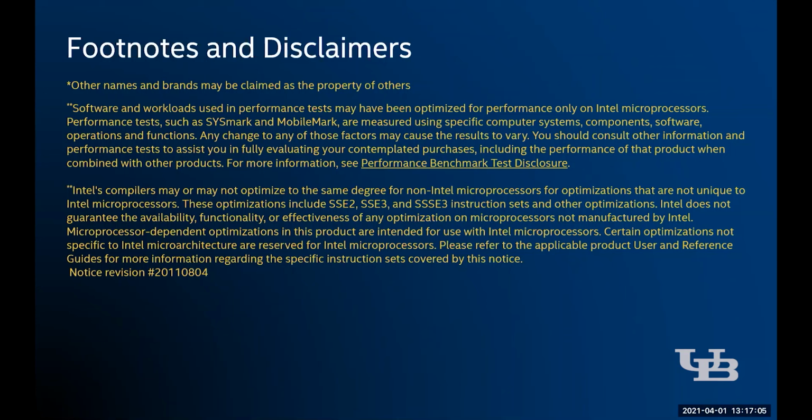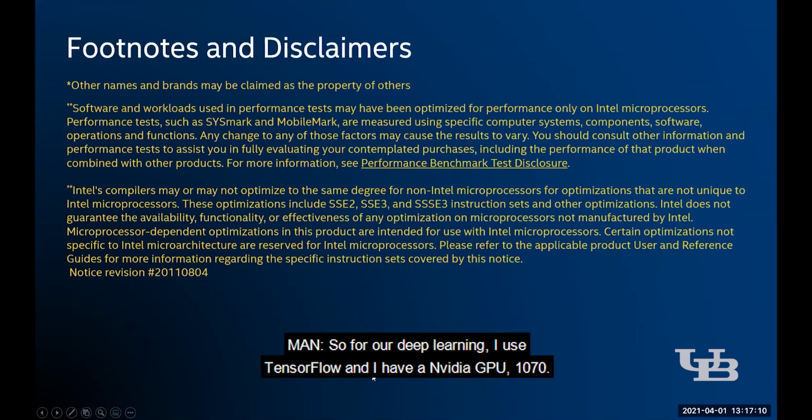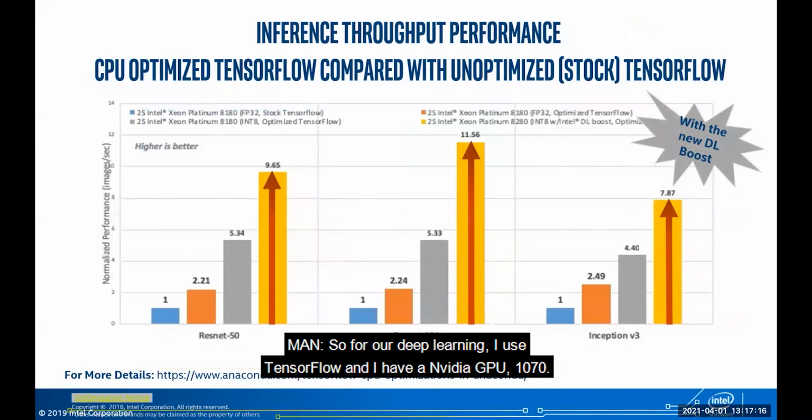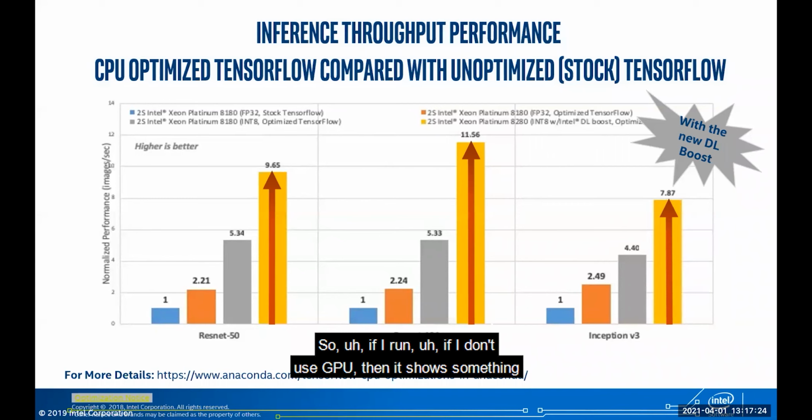Excuse me, ma'am. Yeah? I have one question. Sure. For deep learning, I use TensorFlow, and I have an NVIDIA GPU 1070. So I have TensorFlow GPU installed that takes advantage of CUDA. If I don't use the GPU, then it shows something like TensorFlow can be optimized for AVX2 Intel. So am I getting this boost on top of NVIDIA, or is it a substitute for the GPU?